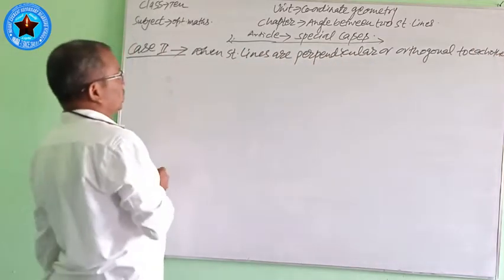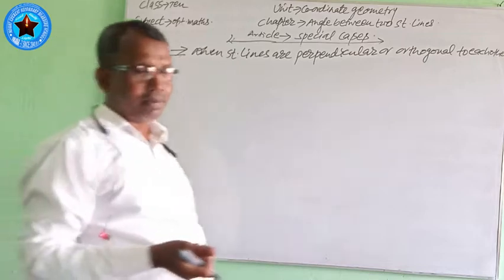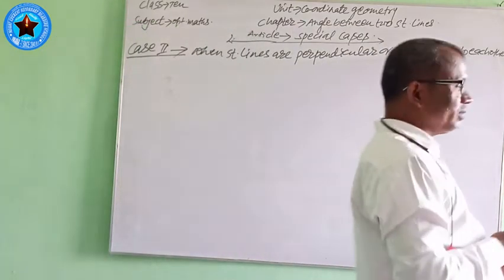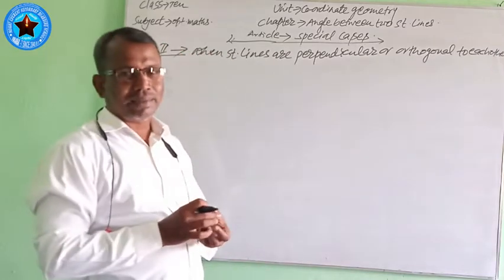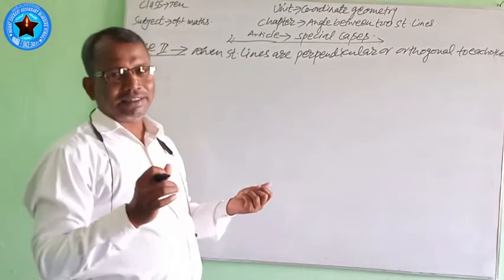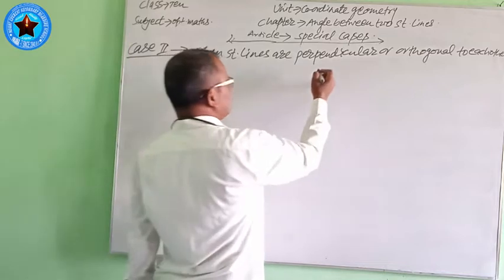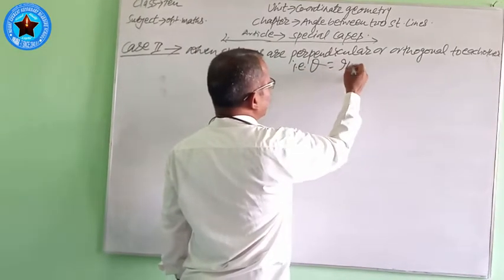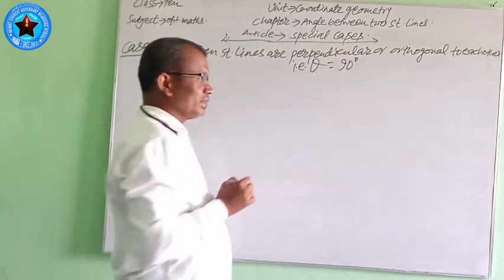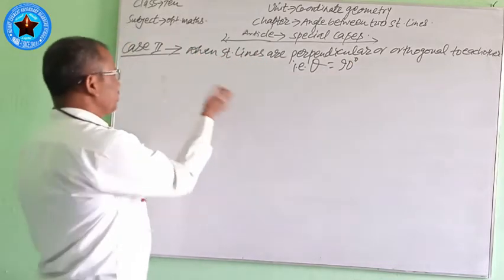From the definition of perpendicular lines we know that two straight lines are perpendicular to each other if the angle between them is 90 degrees, that is, theta should be 90 degrees.